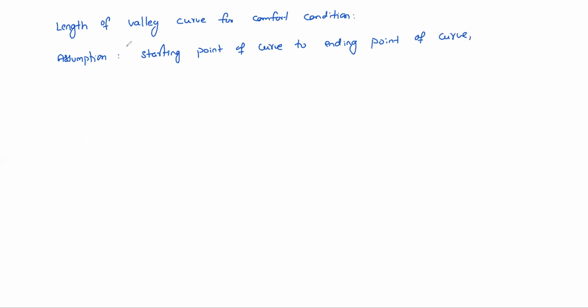From the starting point of the curve to the ending point of the curve, assume we provide two transition lengths, two transition curves. That means deviation angle. This is the main assumption here.